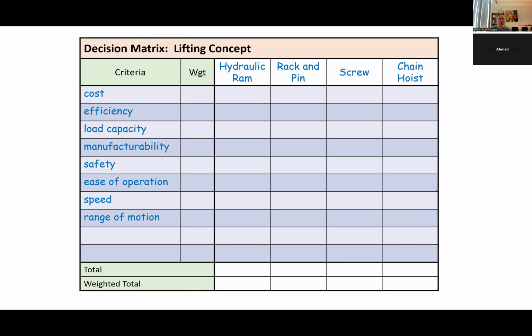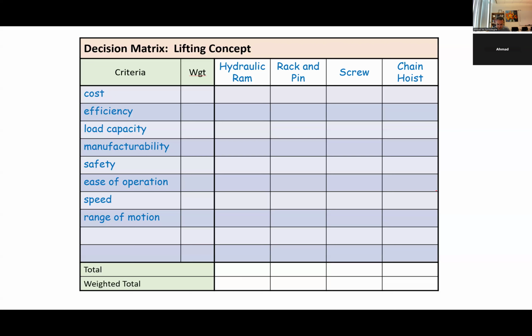See, here are our concepts. And at the bottom, we have the total weight total. Okay, so these are the standard table. For your design, you're going to have the same table, of course, with hopefully more columns, since you may have more concepts and more criteria. You can add more criteria as needed.